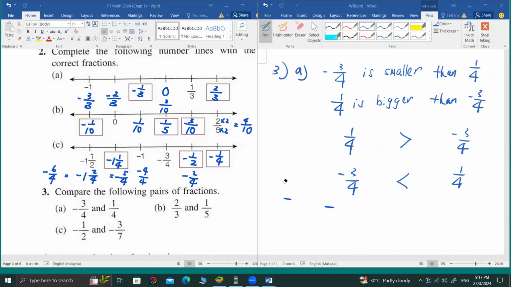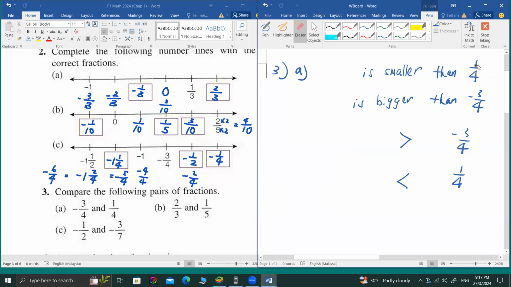What you can do is, as I mentioned, here, how you tell? If you tell smaller, 1 per 5, 2 per 3.